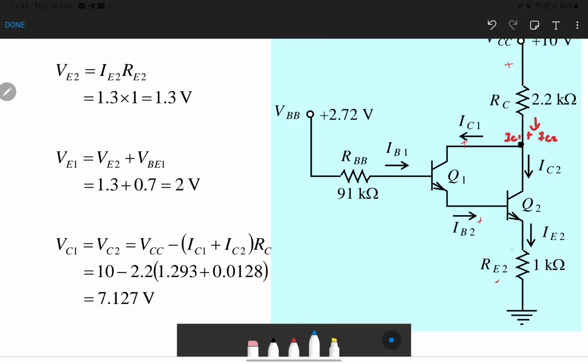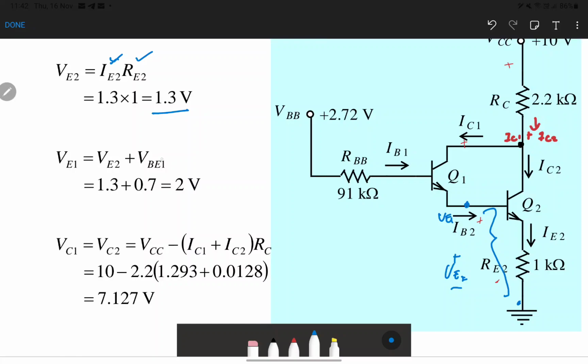So for the VE2 located at resistance RE2, IE2 times RE2, we got VE. So this is VE2, and then for the VE1 is from this point until this point.